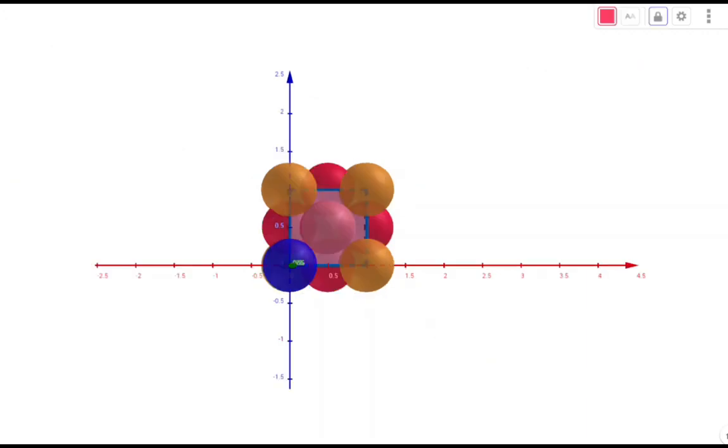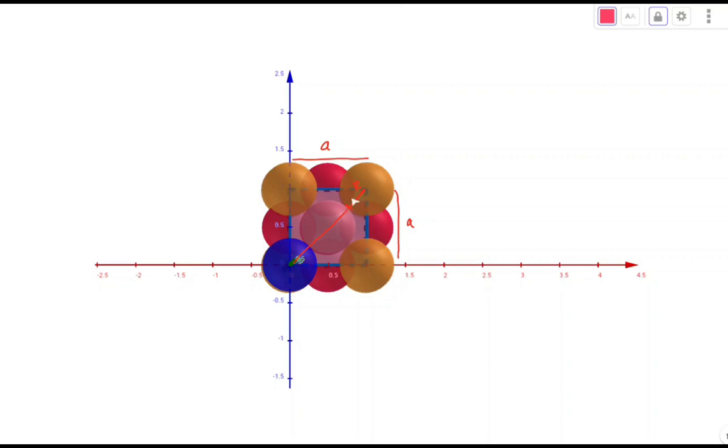Now let's find the relation between the lattice parameter and the radius of the sphere. This is the radius of the sphere right here. This is the radius of the sphere, and this is A from center to center. And this is A as well. Now to find the relation, pay attention here that this atom is not in contact with this one here, and this one is not in contact with this, not even this one here. The only atoms in contact are in the diagonal of the face of the cube, which is this one here.